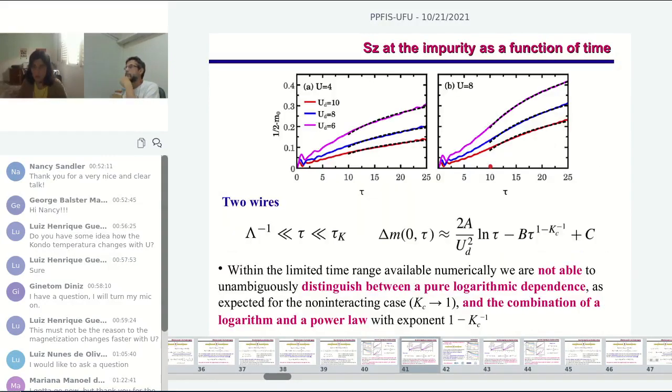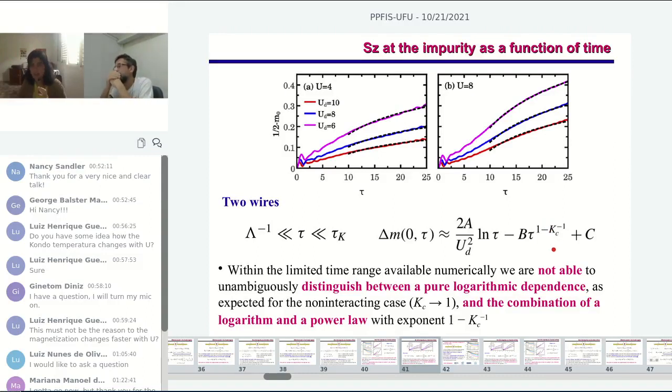If we go to the case with 2 wires, then this simplified expression is this one. Now we have the same term as before, the one going with ln of tau, and we have a power law that explicitly depends on u, the interaction in the wires, because this Kc here depends on u.